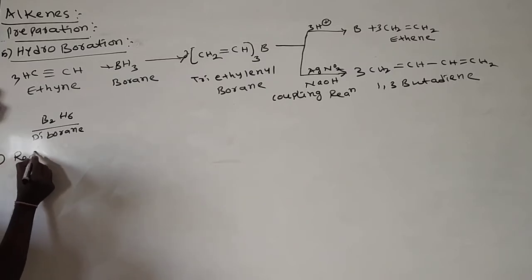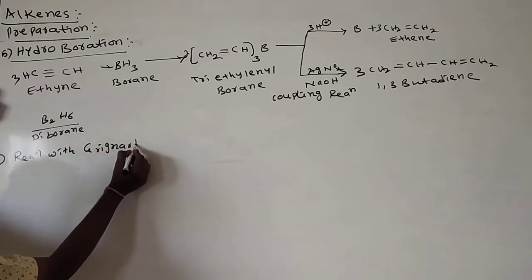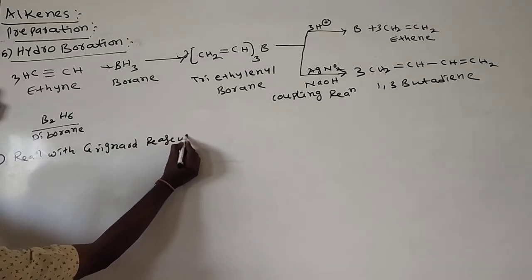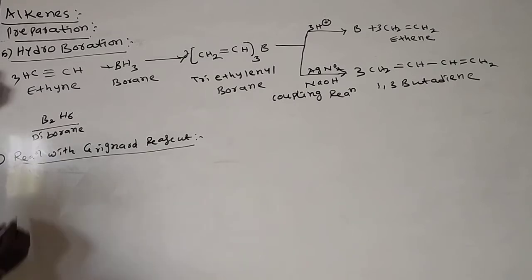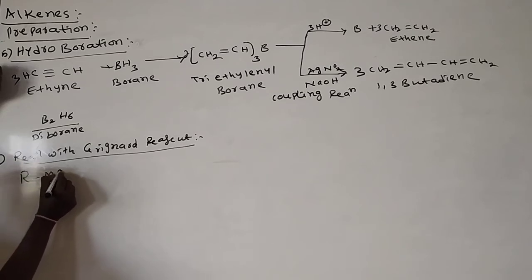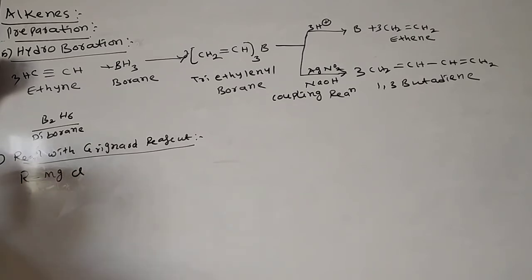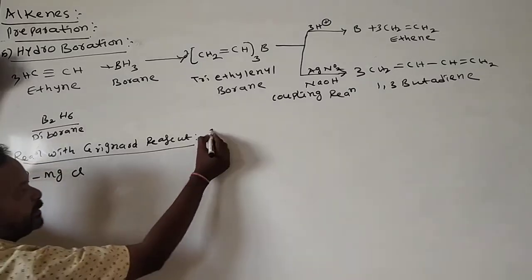And here, reaction with Grignard reagent. By using this Grignard reagent, we will prepare higher alkenes from the lower alkenes, or substituted alkenes. Here I am taking a Grignard reagent. RMgX, or RMgCl, is called Grignard reagent.